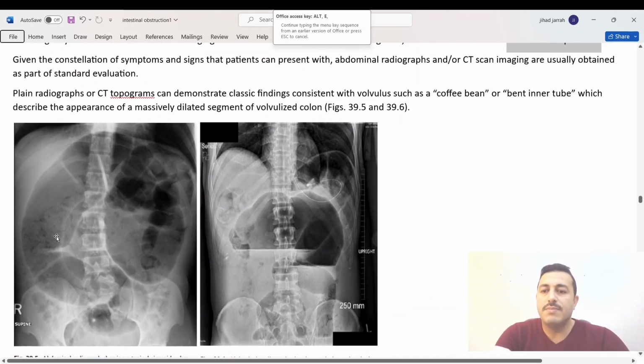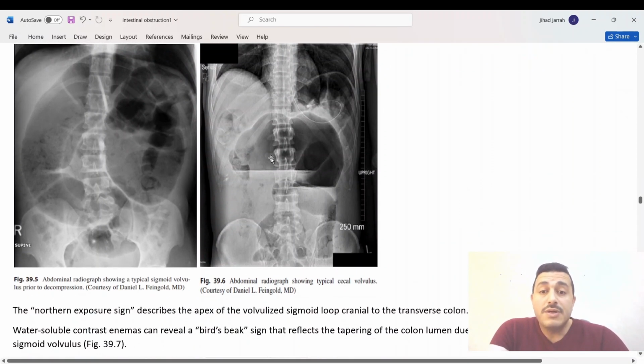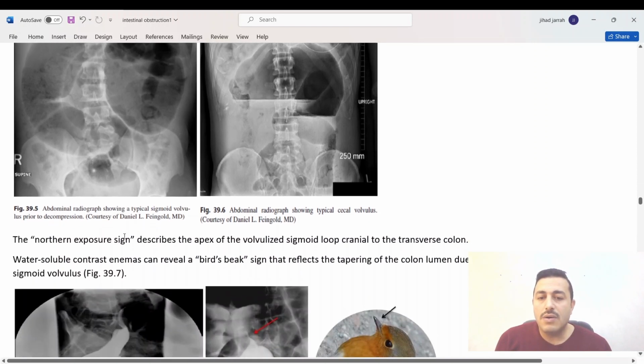This is the picture of sigmoid volvulus, called the coffee bean or bent inner tube. This is the classic picture of how cecal volvulus presents. A sign on X-ray you can find is the northern exposure sign, when the sigmoid is above the transverse colon.